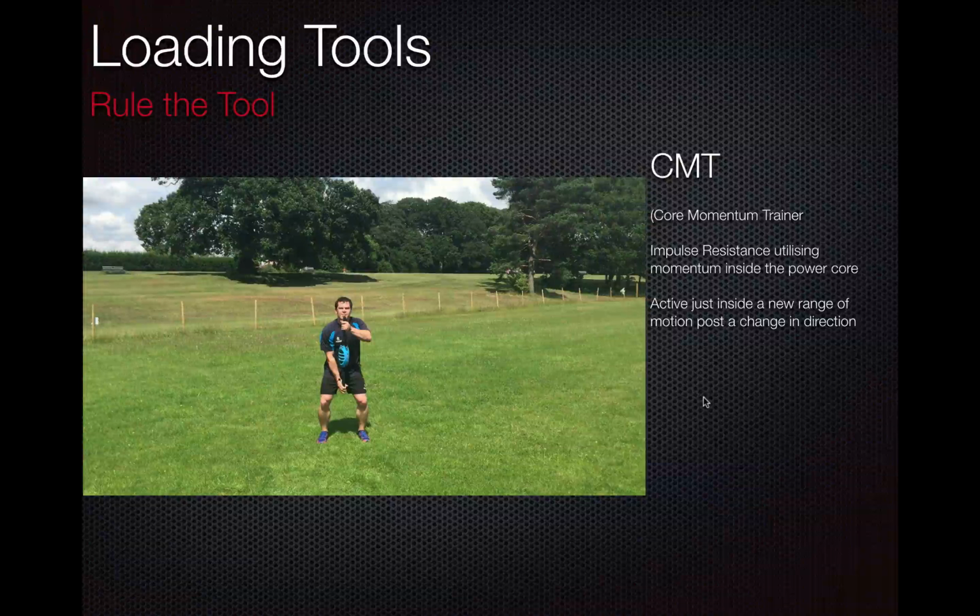Or if someone threw a medicine ball and you kicked it away, that's a similar kind of impulse force where you're meeting the force just after a change of direction. So it doesn't provide a momentum into a space, it provides resistance once you're moving, which is a great way of improving acceleration. You can hit any vector with this and you can change direction at any point.